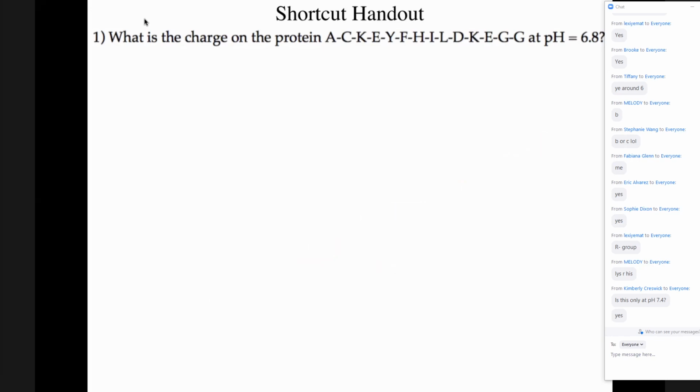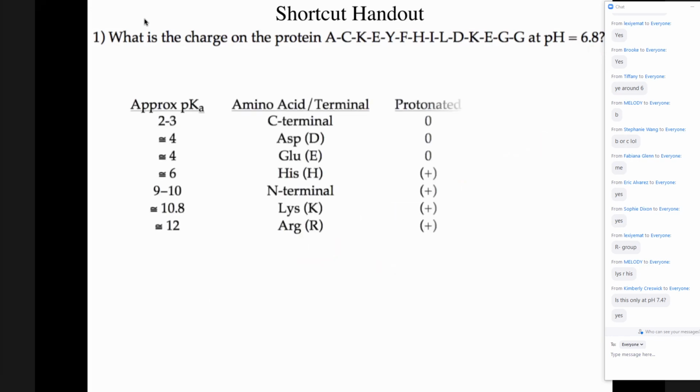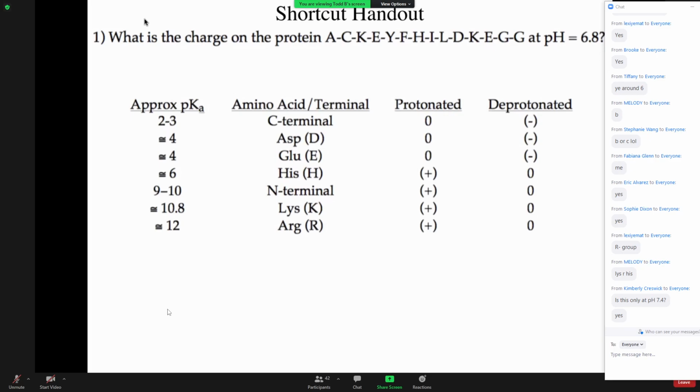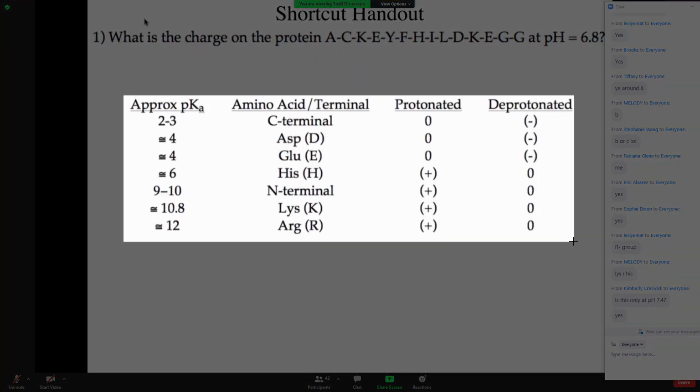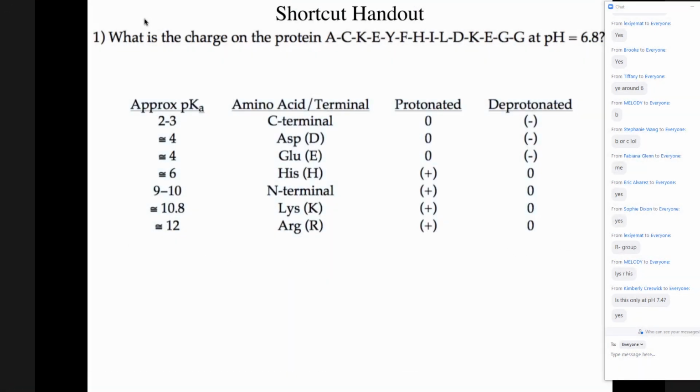Okay, for this one, the chart I had yesterday, and again, I want to reiterate what's on the chart. Does the chart include the basics, Lys, Arg, His? And does it also include the two compounds that end in the word acid? These are the only things that carry charges.